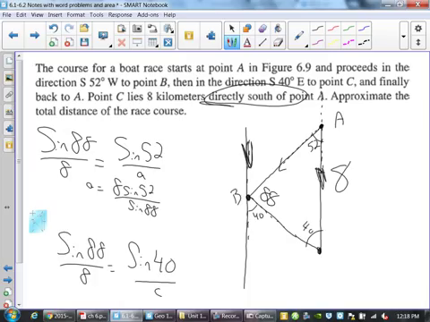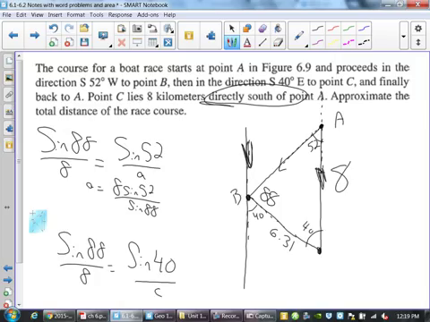So you'll have 8 sine of 52 divided by the sine of 88 for one of them. So I get 6.31 for this. Anybody else get that? Yeah.